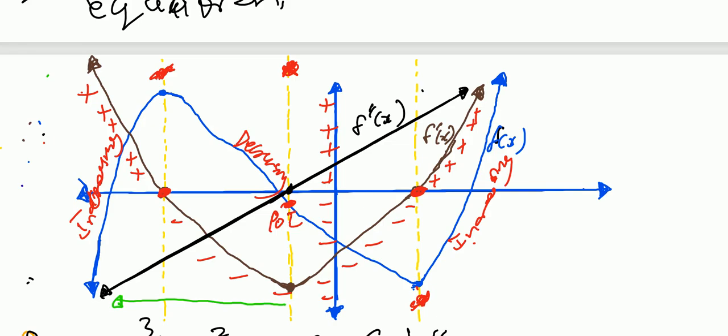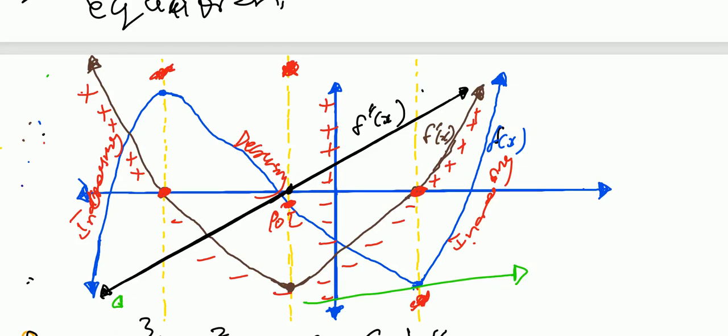And you can see when your graph of f of x is concave down, your graph of f prime x is what? Is decreasing. But then from here going to the right, your graph of f of x is concave up, and we can see that your f prime x is increasing.